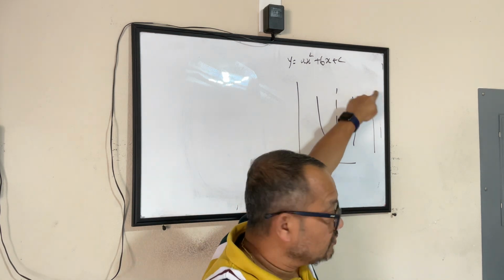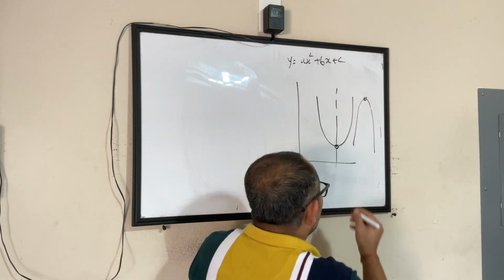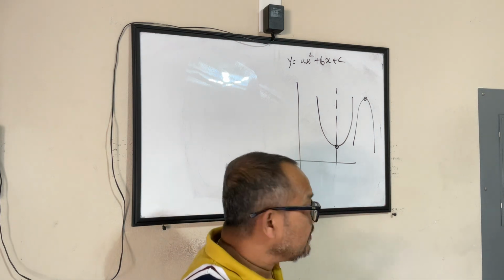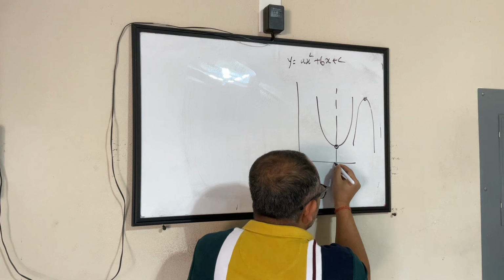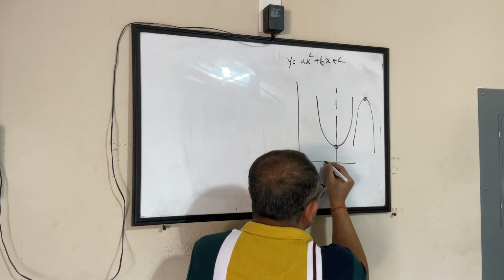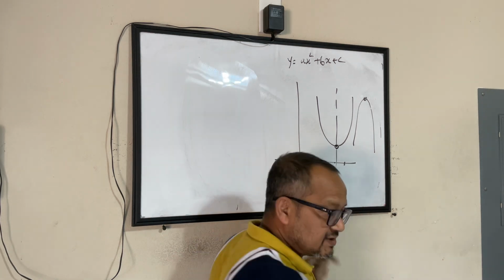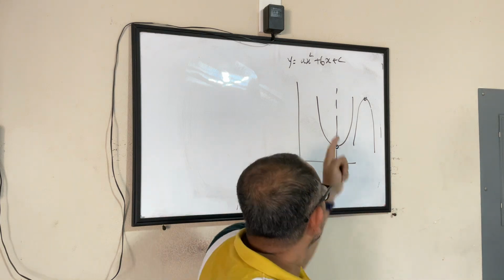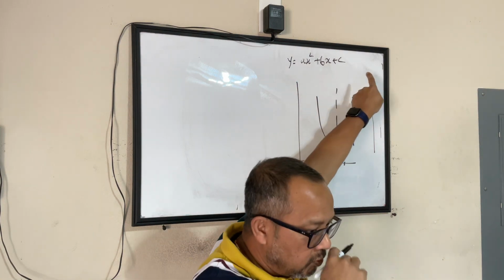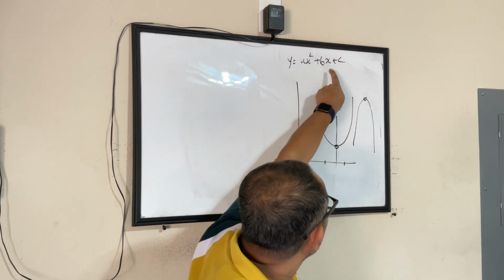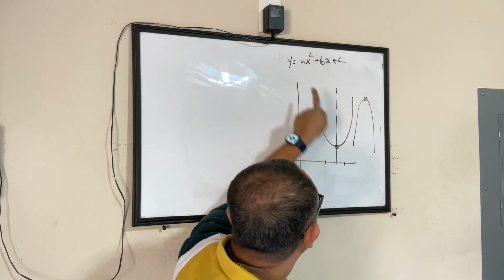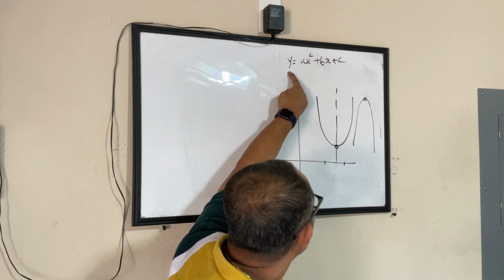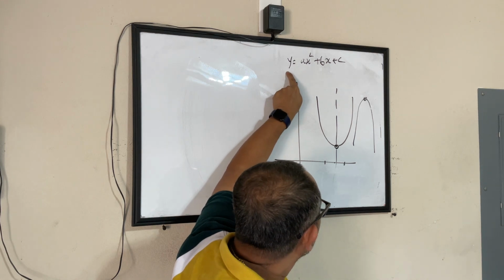Another thing that we learned was that a zero of a parabola means the point where the parabola touches or intersects the x-axis. Y is representing the parabola, in this quadratic equation form. So zero of a parabola means when y is zero.